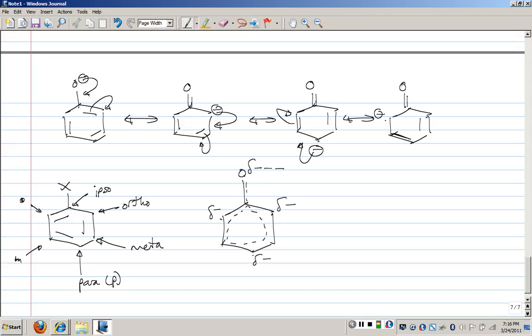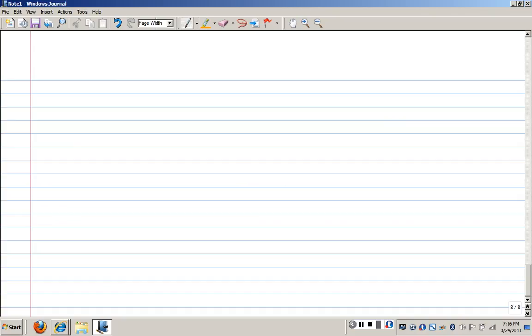So as a rule of thumb, the more resonance forms I can draw, the more charge delocalization there is, the more dissipated is the charge, the more stable is the species. So all things being equal, the more resonance forms I can draw, the more stable is the entity. Okay, so I'd expect then phenol to be a stronger acid than the cyclohexanol, which in fact it is.